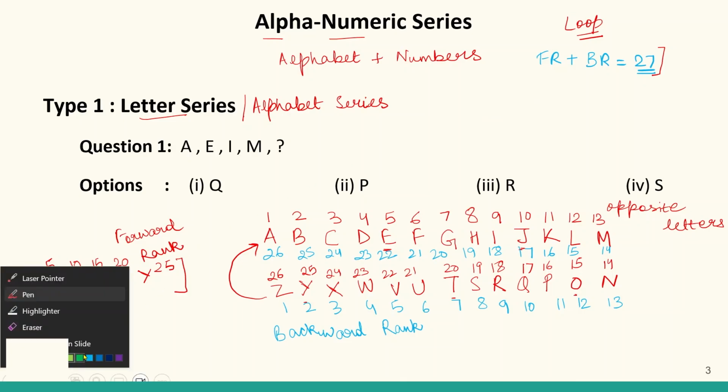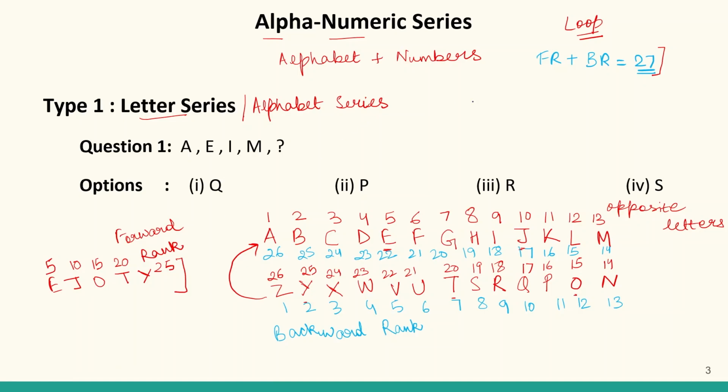If we have to write Z plus 3 ranks, we'll go back to A and count 1 rank, 2 rank, 3 rank. That will be C. Similarly, if we have to move 3 ranks from X, we'll count 1, 2, 3, and this will give us A. So we studied this concept of looping as well.